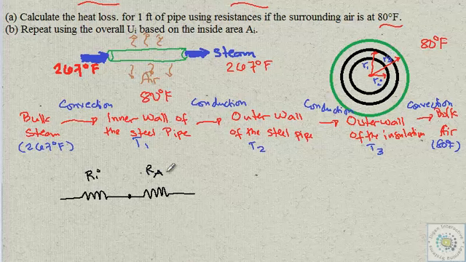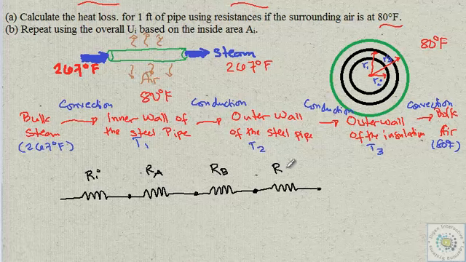And then the resistance through the insulation, from the outer wall of the steel pipe to the outer wall of the insulation, let me call that Rb, just to be consistent with how the book labels this one. And finally, from the surface to the bulk of the air, let's call that resistance Ro.